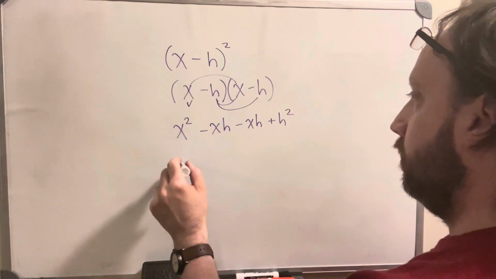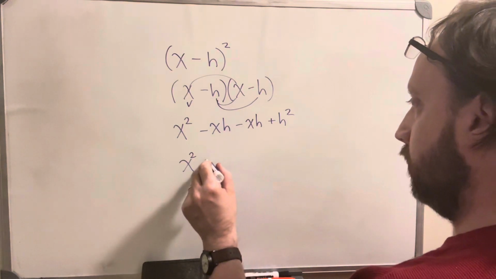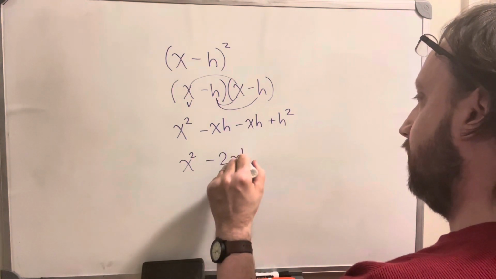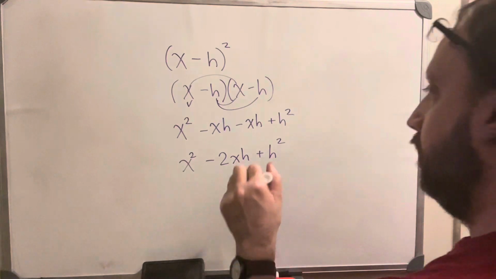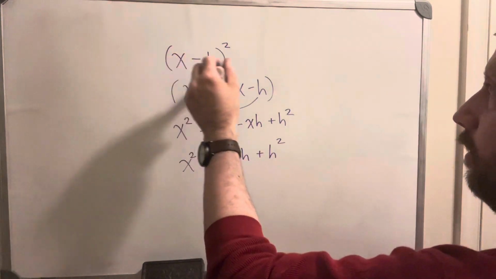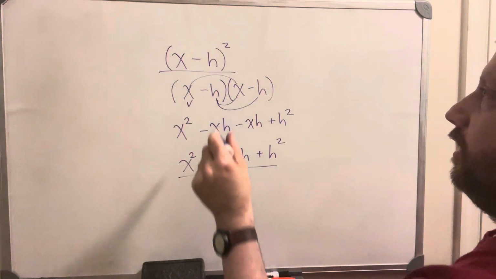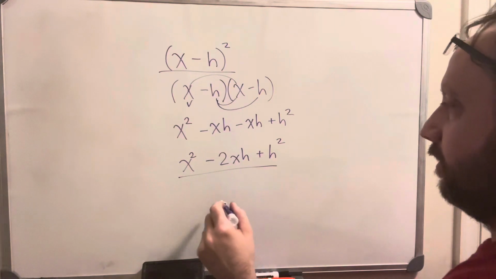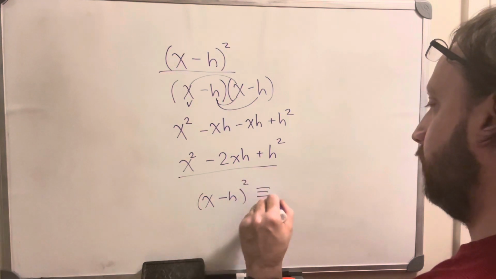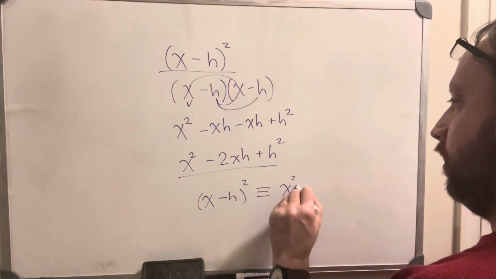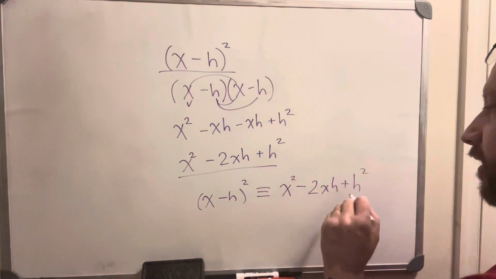So we've got x squared. We've got 2 minus xh's, so we can just write minus 2xh. We've got plus h squared. So now I've gone from this form to this form, and since I've used arbitrary variables, we can say that x minus h squared is the same thing as x squared minus 2xh plus h squared.